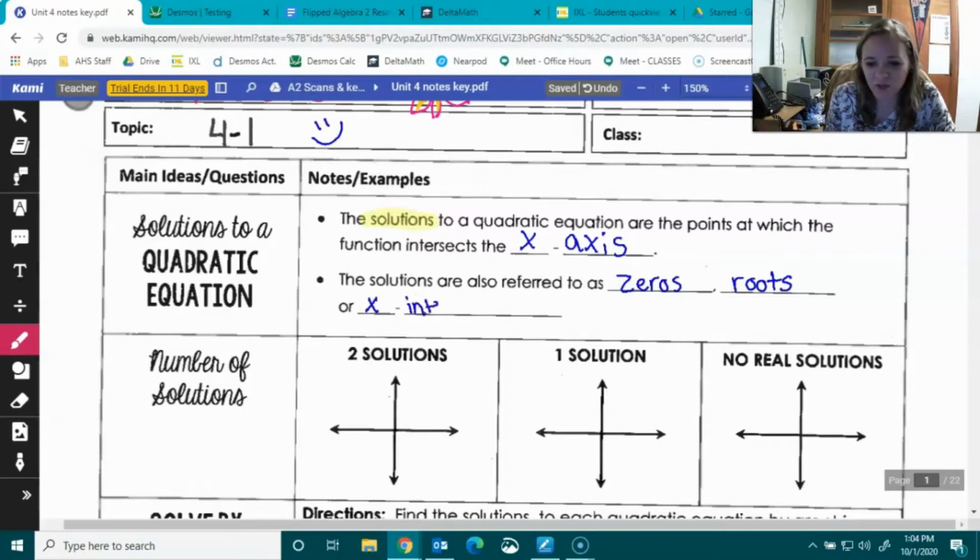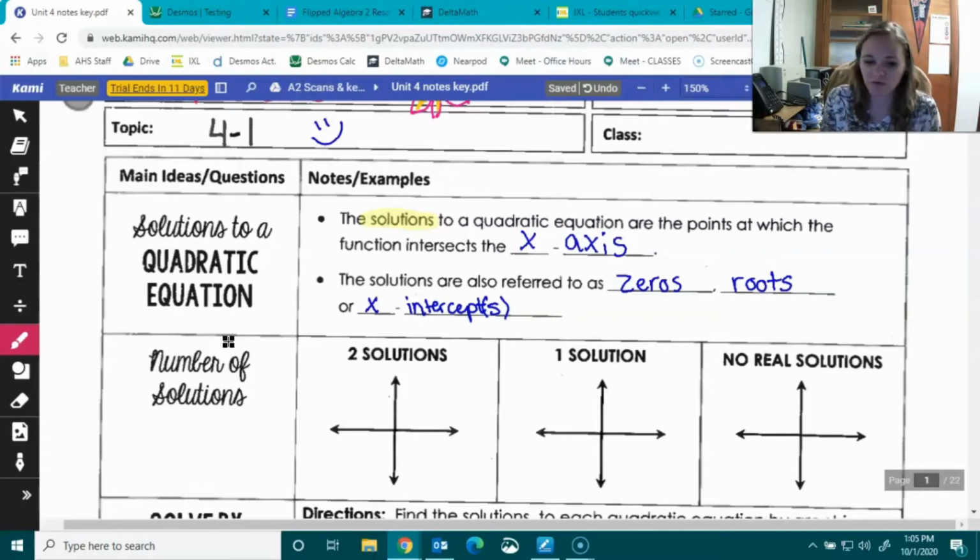All of these words, and this is huge for the Algebra 2 tests and SOL, mean the same thing. You can have more than one x-intercept, usually there's more than one, but sometimes there could be only one. But those are where the solutions are. All of these mean the same thing in math: zeros, roots, and x-intercepts.